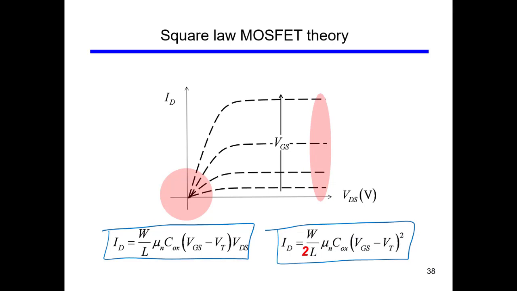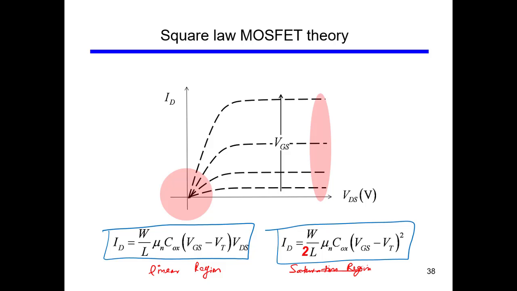So let's start from where we left, and where we left was that there were two equations. One was valid in the linear region, and the other was valid in the saturation region.